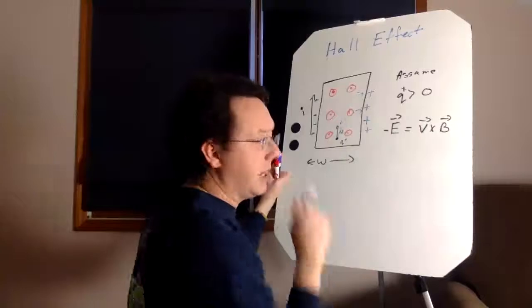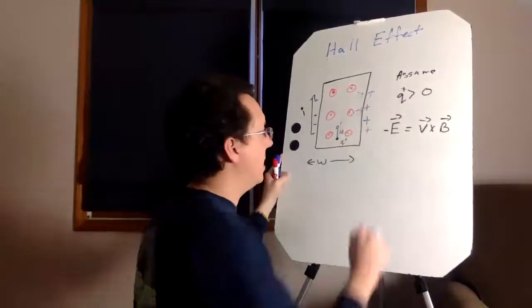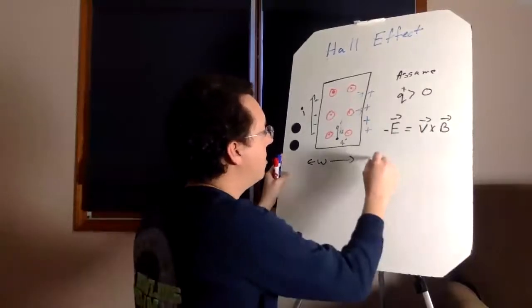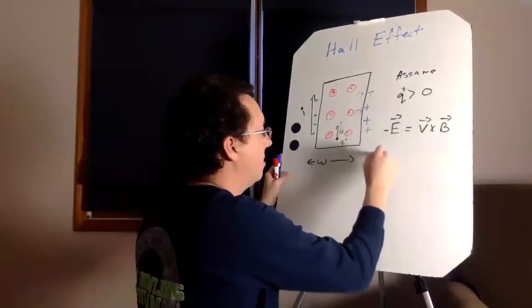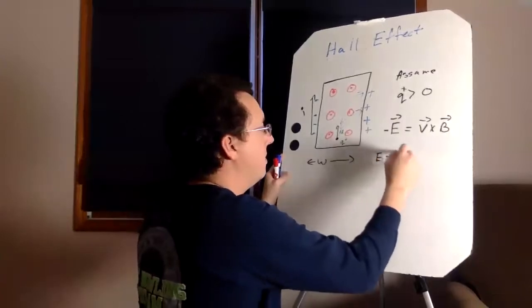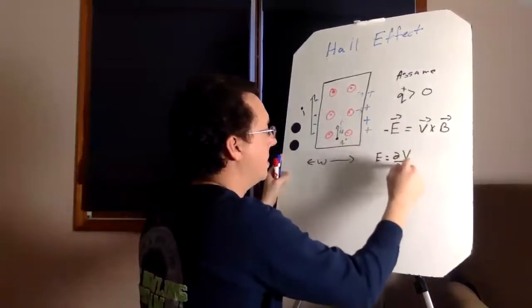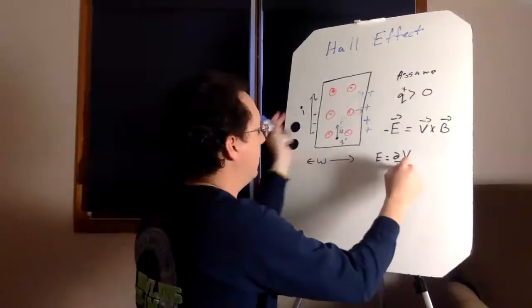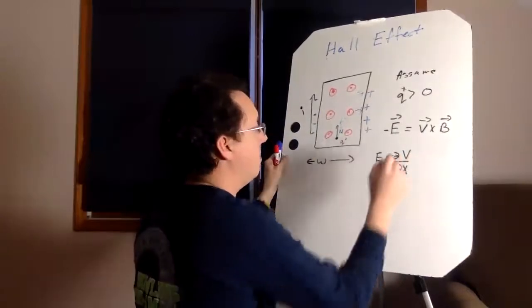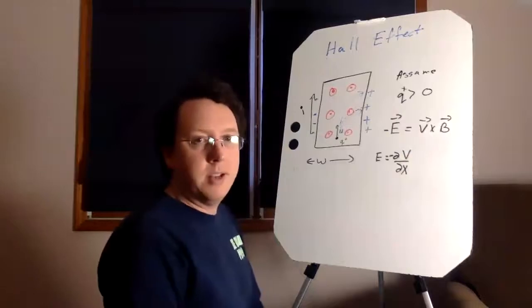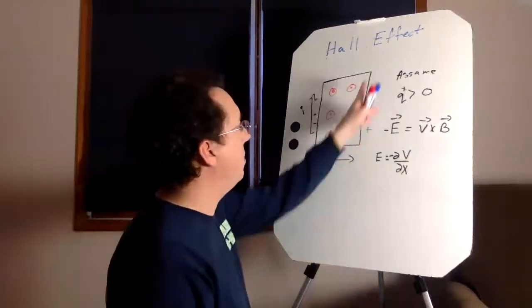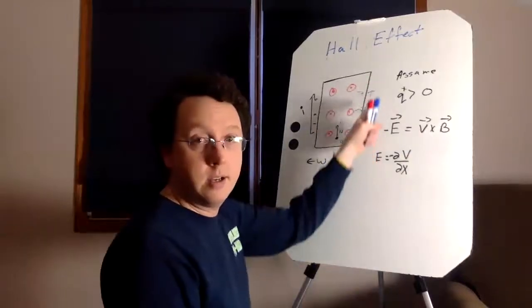And if I want to look at the magnitude of this thing, well, remember we had that the electric field is the derivative of the potential with respect to, in this case, the x direction, and there'd be a minus sign there. Really, though, I'm not worried about the minus sign because we know that the positive charges are here.